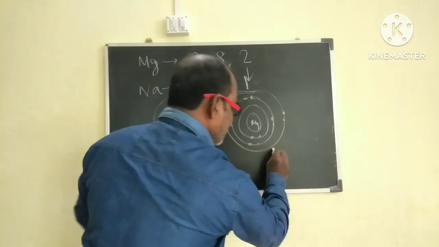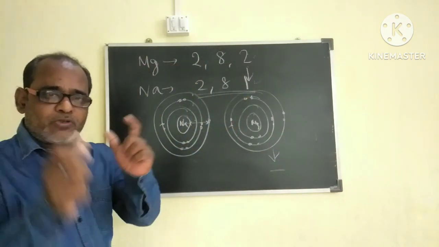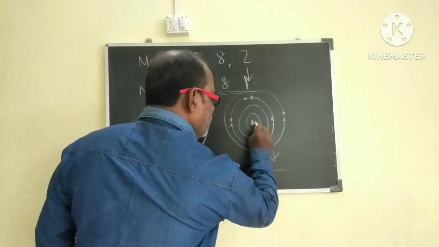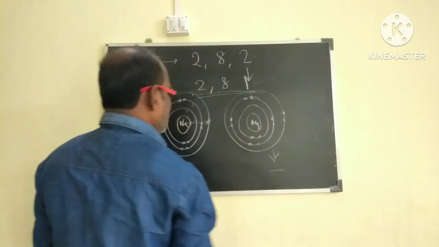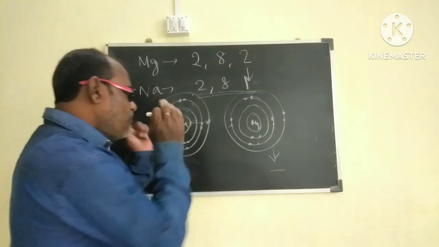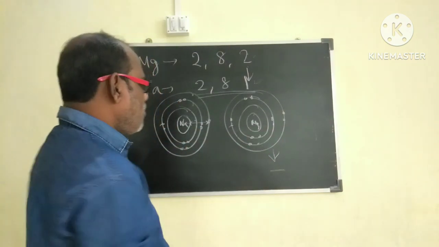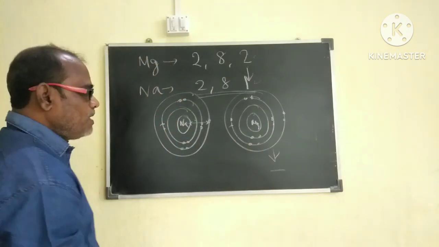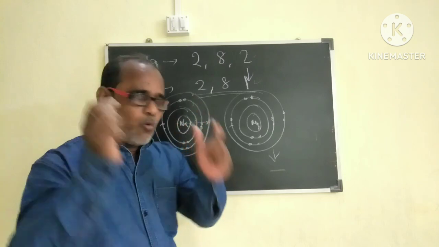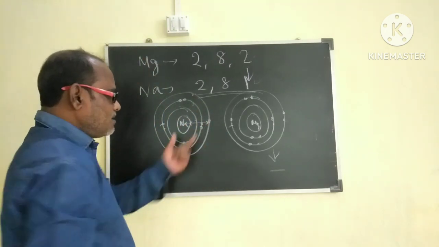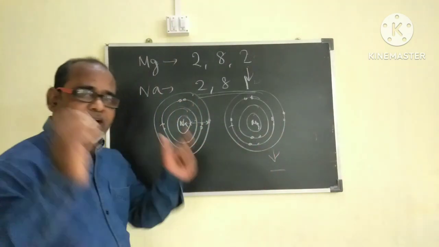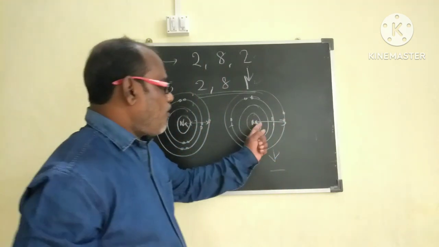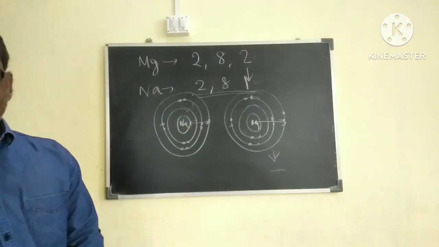That means in this case there is more force of attraction between the nucleus and the last shell, and in sodium the force of attraction is lesser because the nuclear charge is less than magnesium. That means here the force of attraction is much more, although the number of shells is the same, but due to the more attractive force the atomic radii will become less. So the atomic radii of magnesium is lesser than the atomic radii of sodium.